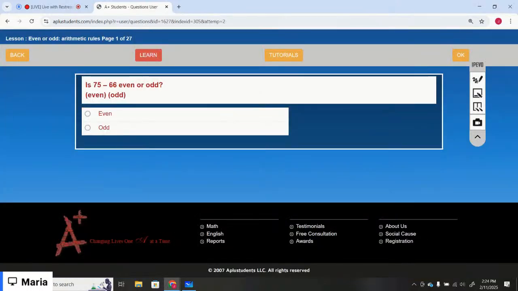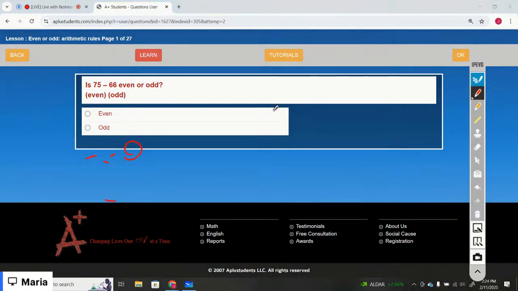Is 75 take away 66 even or odd? So 75 is an odd number minus the even number. So you are subtracting an odd and an even number.